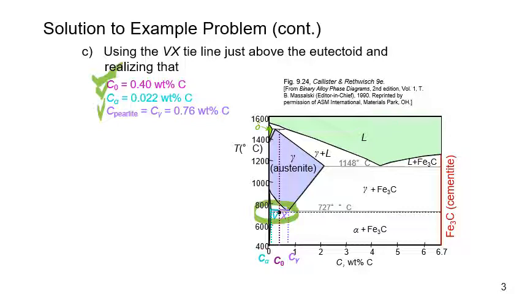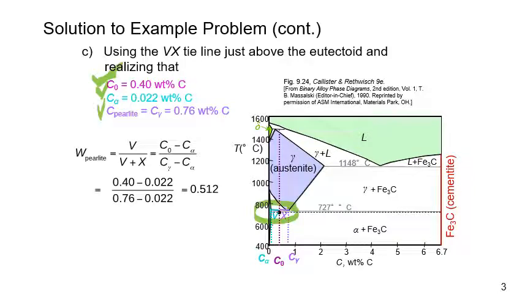So those are the 3 points that we needed to know to figure out this problem, because the weight fraction then of perlite, meaning the weight fraction of austenite, is V, the opposite side from the austenite, over V plus X. And that would be C naught minus C alpha up here, divided by C gamma minus C alpha up above that we already identified.